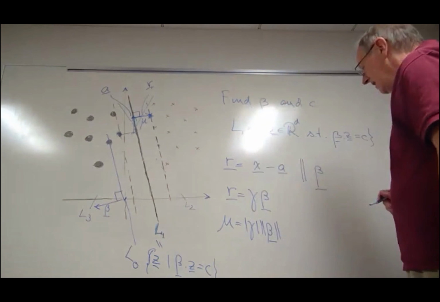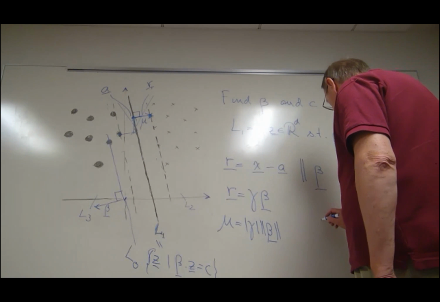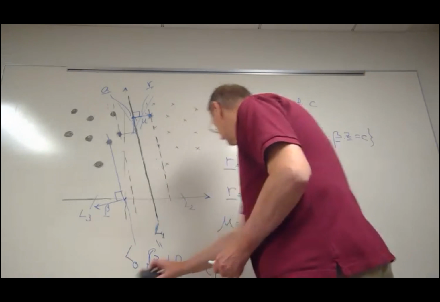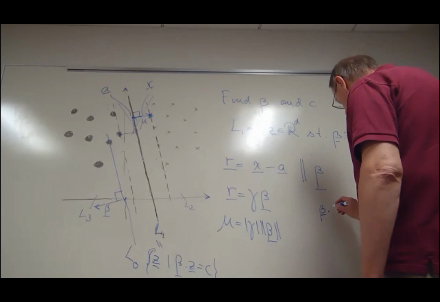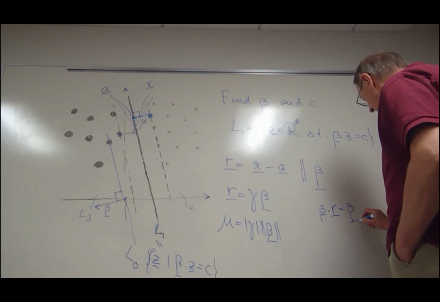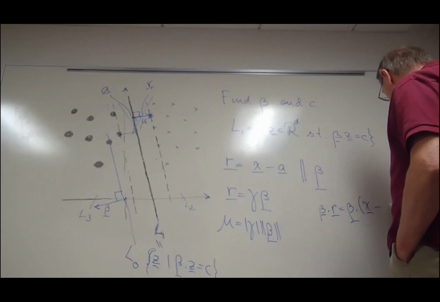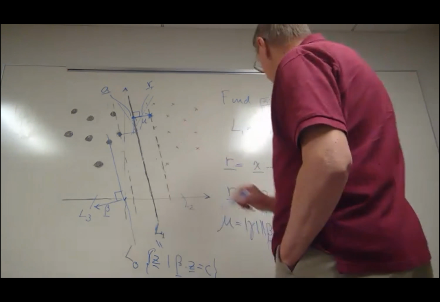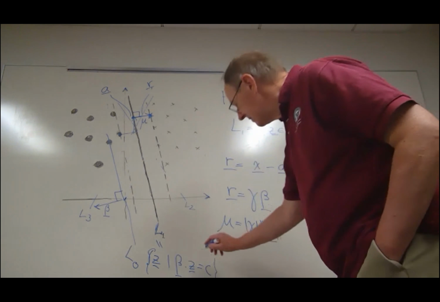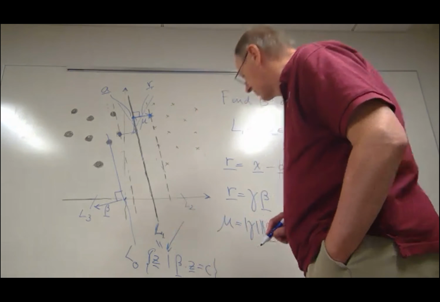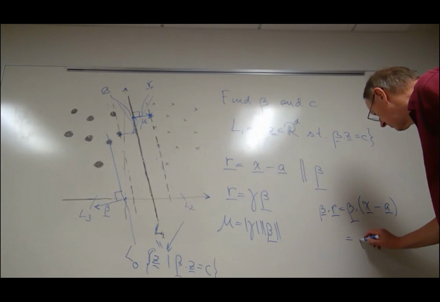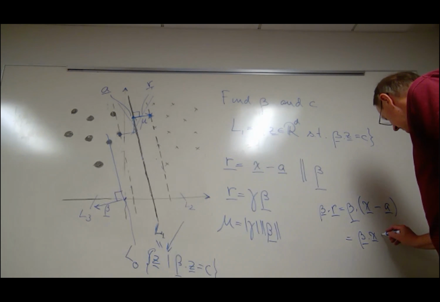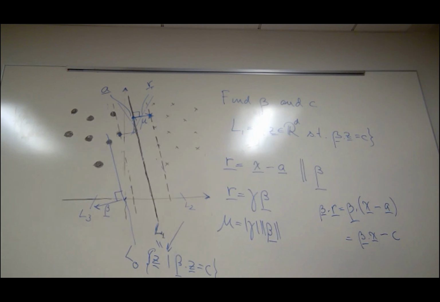If I take beta and dot this with r, that's the same as beta dot with x minus a. Now x is here, but a is on the line L1, so a is one of these points satisfying this equation. So this must be equal to beta dot x, and then beta dot a is c, so this is just minus c.